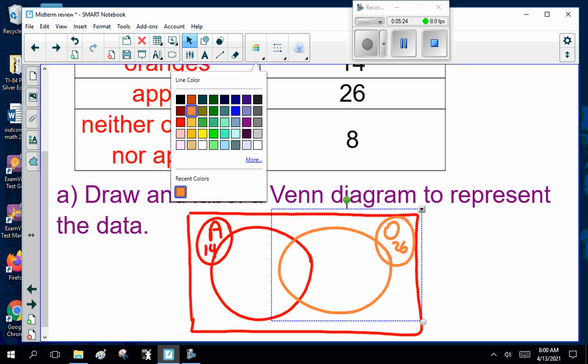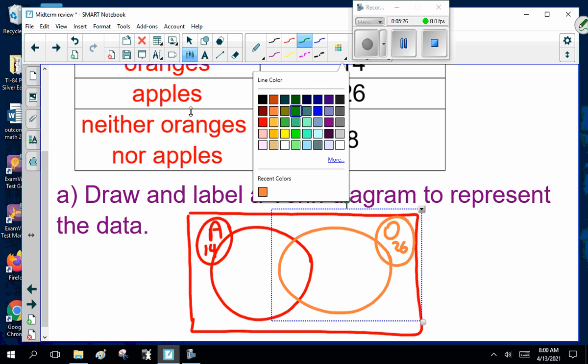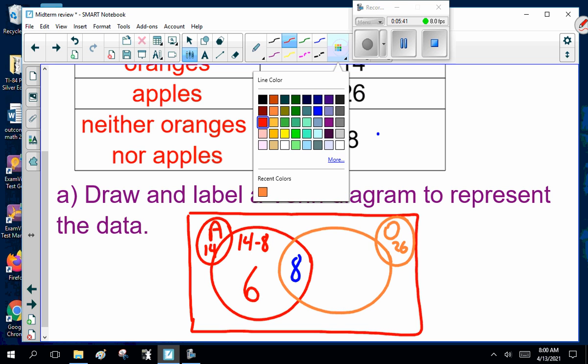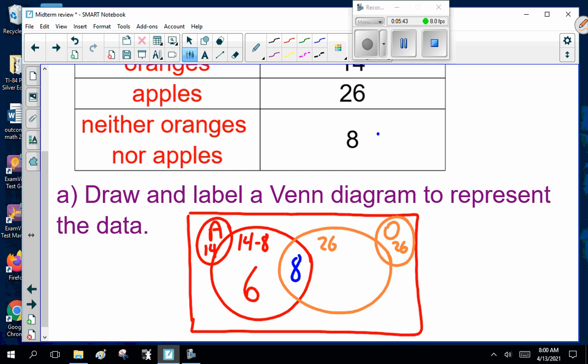I can do orange here. 26, and then neither oranges nor apples, either way, is 8. So, this should be 14 minus 8, which is 6. 26 minus 8, which is 18.